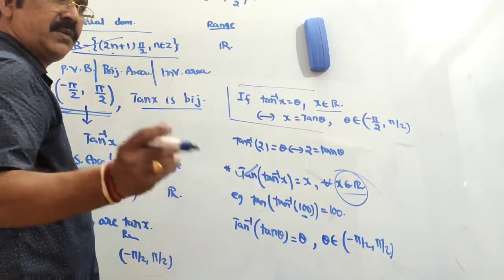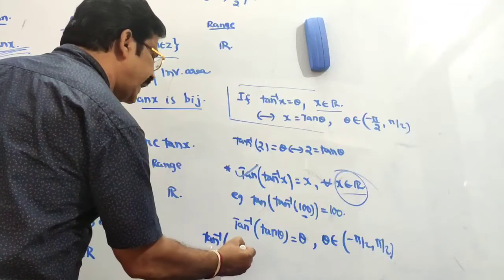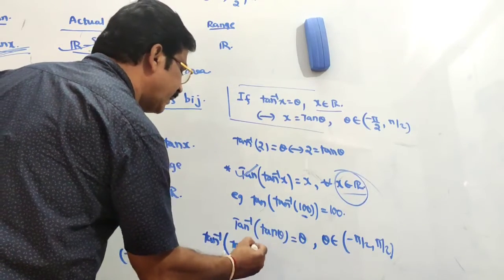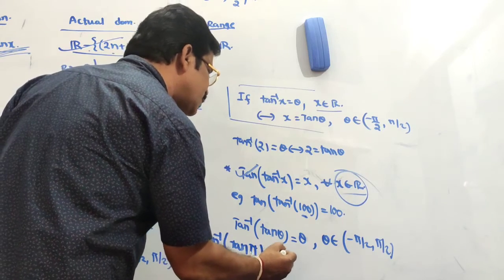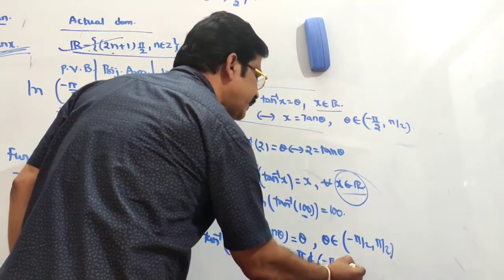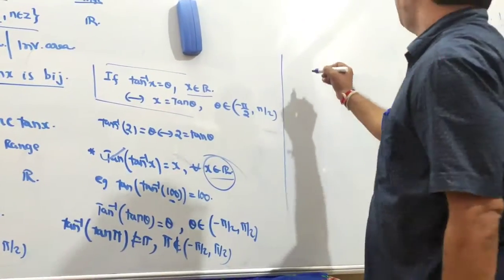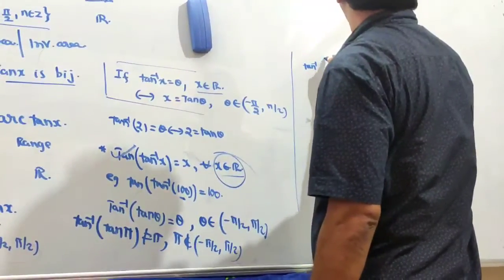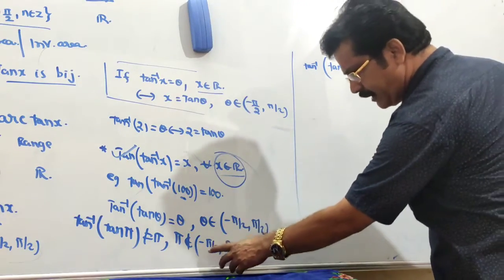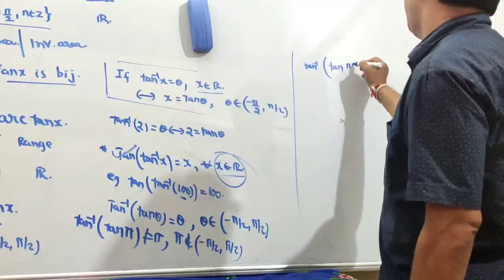We can show one failure case for this statement: tan inverse of tan pi, for example. It is not equal to pi, because pi does not belong to the open interval of minus pi by 2 to plus pi by 2. Similarly, tan inverse of tan of one number in this interval, for example 60 degrees. 60 degrees means pi by 3.